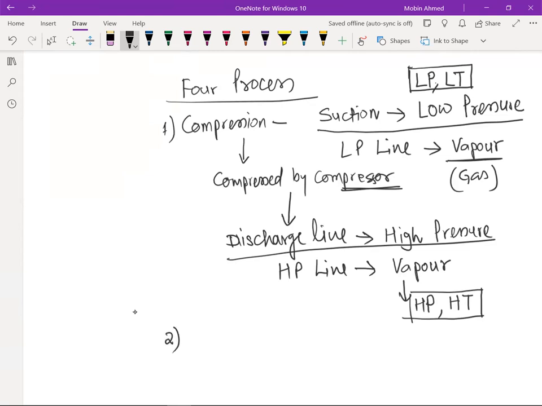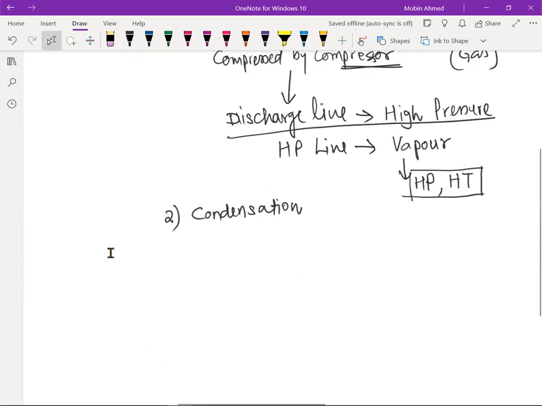After this there is going to be condensation. This is the second process. In this process, condensation, basically we are going to remove the latent heat.